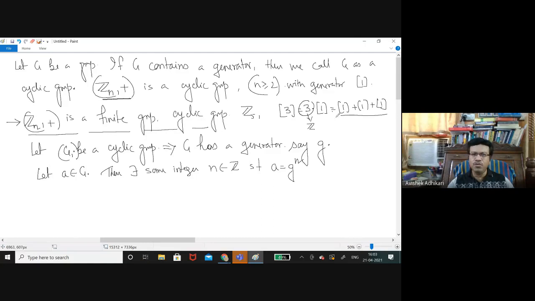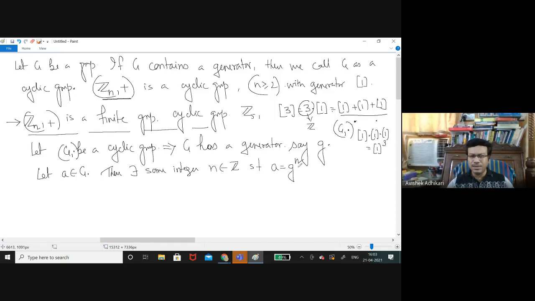But if your group is multiplicative, then this plus will be replaced by dot. If you are having an arbitrary group with dot, then class 1 dot class 1 dot class 1, that means class 1 cubed, not 3 times class 1. If this is an additive group, then it will be 3 times class 1, but if it is a multiplicative group, then it will be on the power.